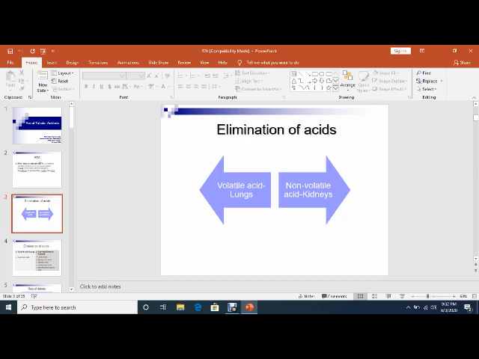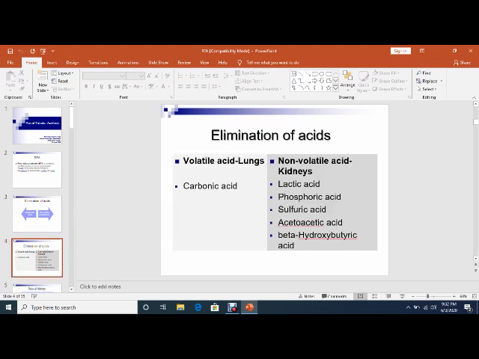Volatile acids are eliminated by the lungs, and non-volatile acids are eliminated by the kidneys. Volatile acids eliminated from the lungs include carbonic acid.